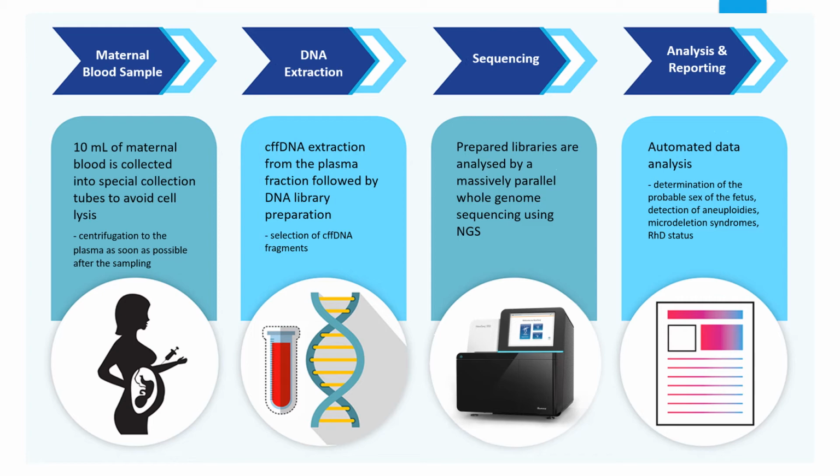From those fragments, we create libraries which are then used for massively parallel sequencing. After sequencing, we do data analysis, which is of course nowadays automated. After years of scrupulous work by bioinformaticians, it became practically seamless to do.